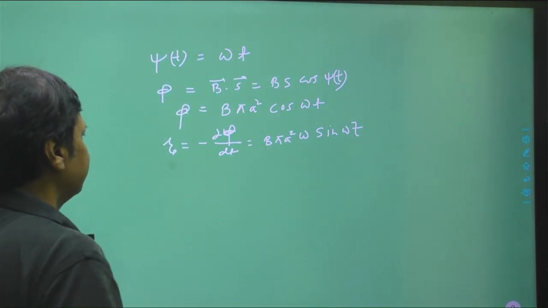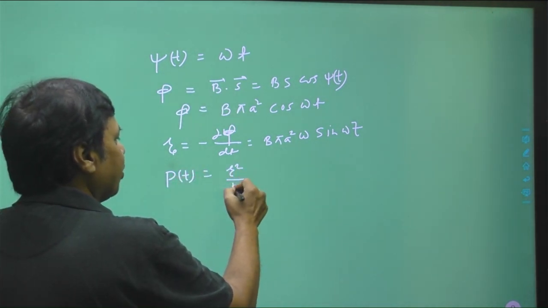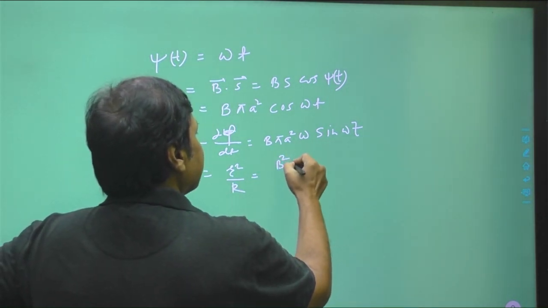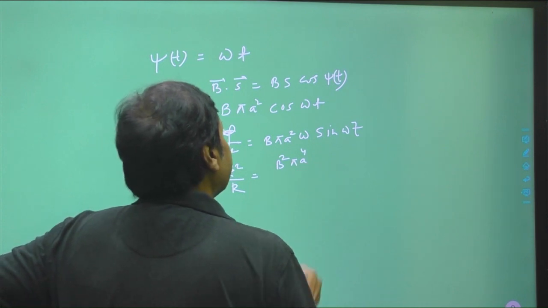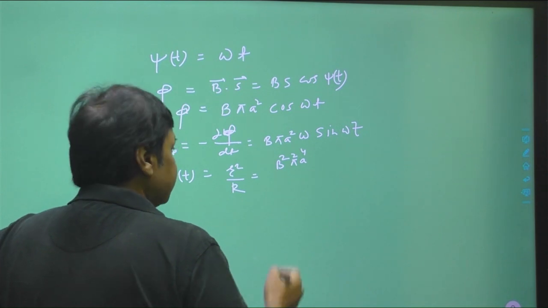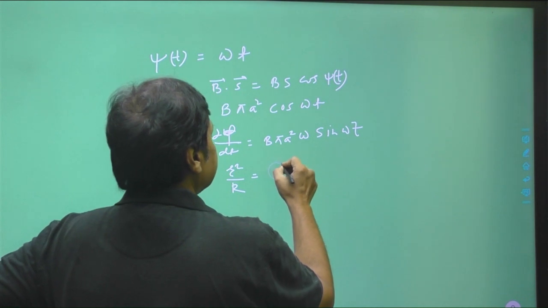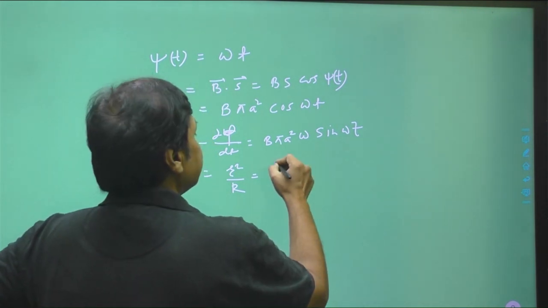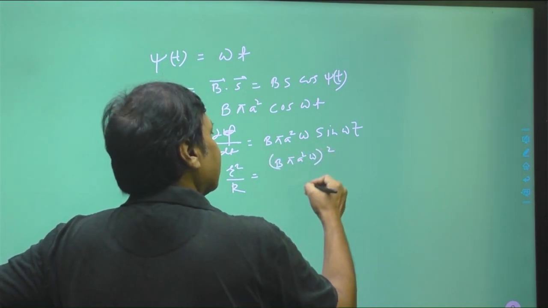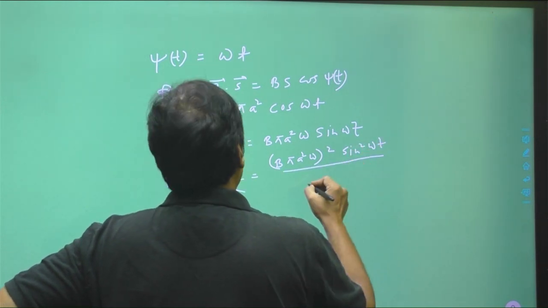And so the power is E square upon R, that is B square pi square A raised to 4 omega square sine square omega t divided by R.